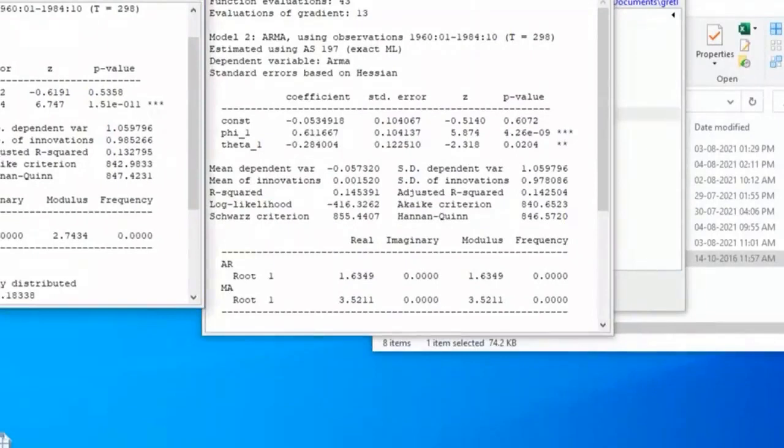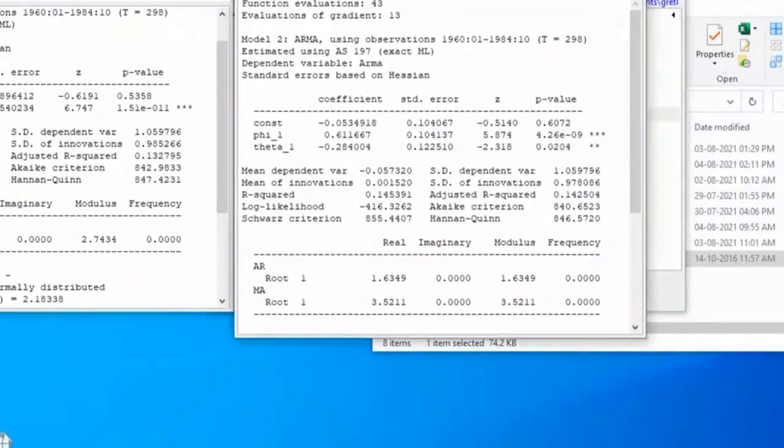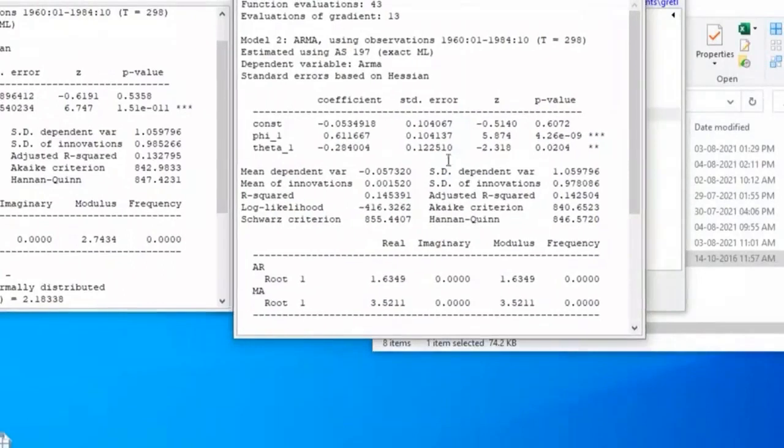Usually, as I told you earlier, it is the SIC that most of the econometricians prefer. That is the Schwarz criterion or Schwarz Bayesian information criterion. So for this model, it is 854, and in this model, it is 855.